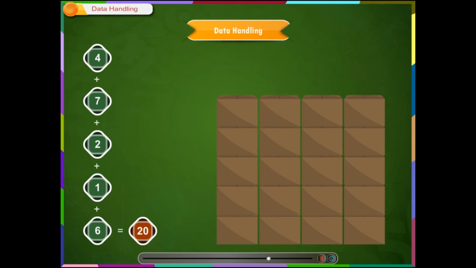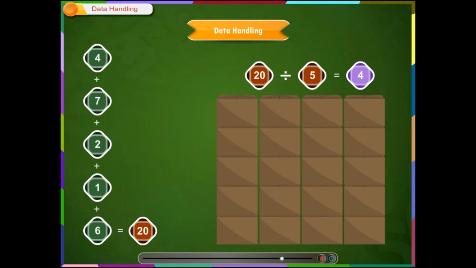Adding all the numbers, or counting the total number of boxes, tells us that we have 20 boxes in all. Next, we count the number of values given in the data. We have data for 5 days. So, we divide the total number of candle boxes by 5 to get 4. That's how we find the mean of data.